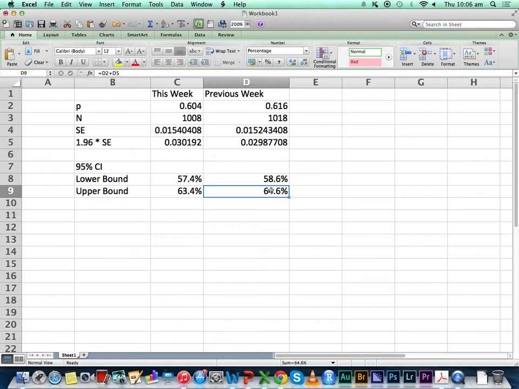And we can draw these two 95% confidence intervals on a number line.